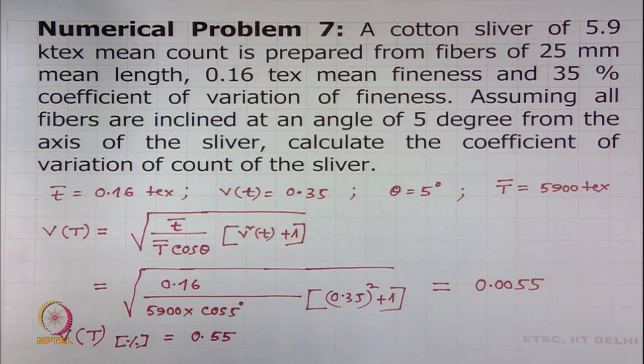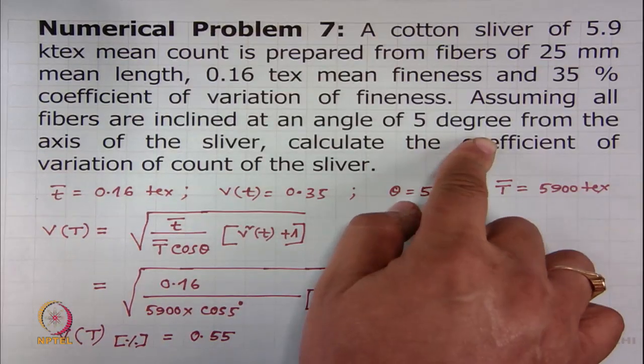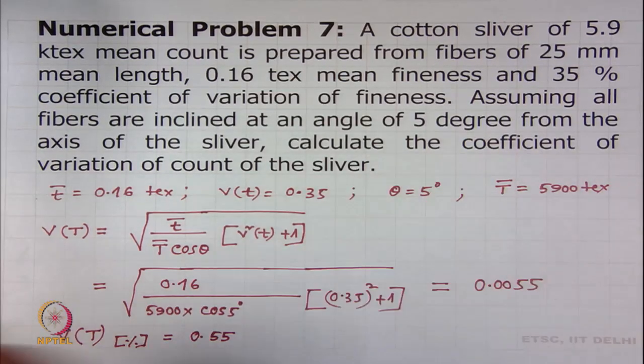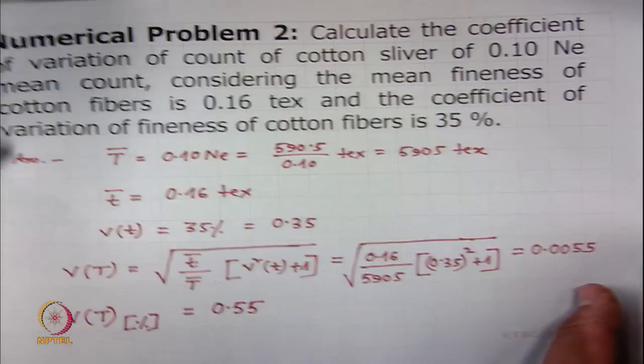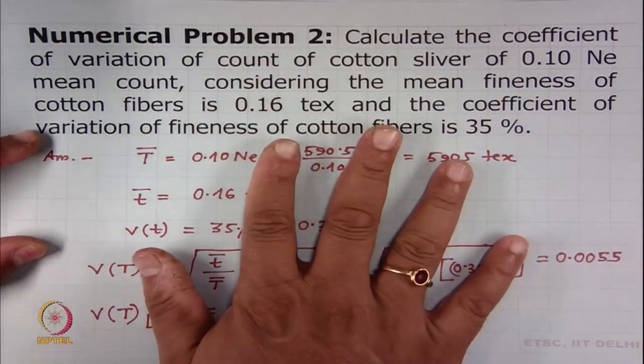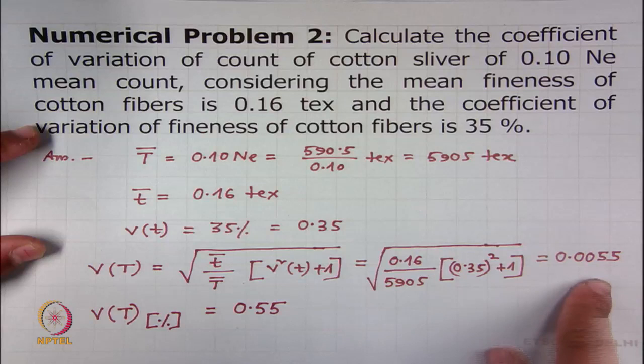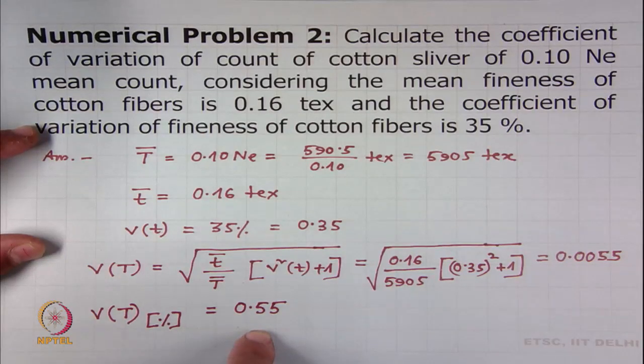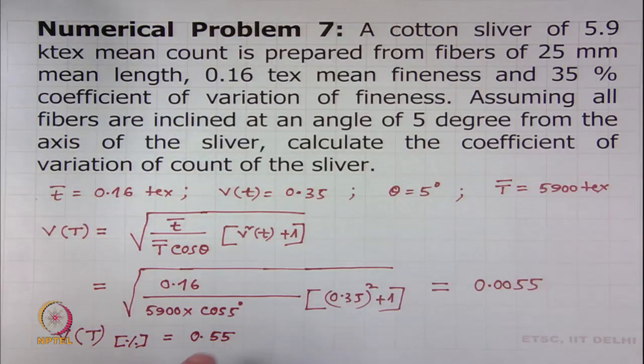This problem seems to be very similar to problem number 2, except the fact that the angle is 5 degree. In problem number 2, angle is 0 degree. We found this value. When the angle is 5 degree, we found the value remains same.